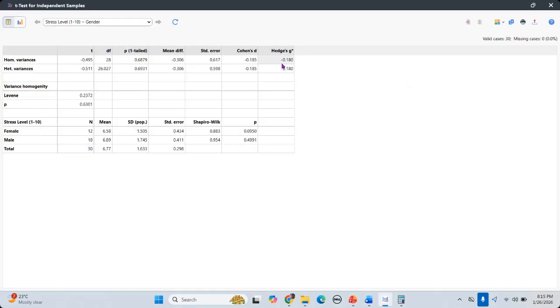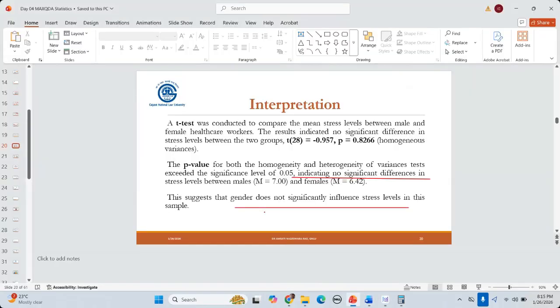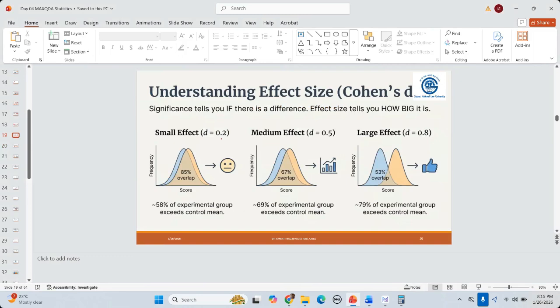effect size. Right now we got minus 0.1. Just imagine that whenever you get significant results, like 0.2, 0.4, 0.5, 0.8, if I want to convert them into percentages, 0.2 means 58%.